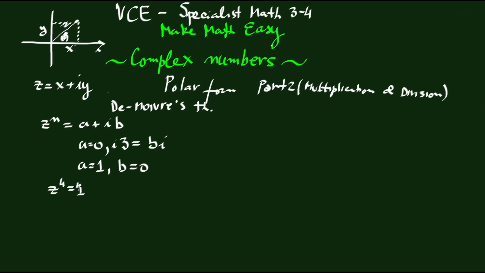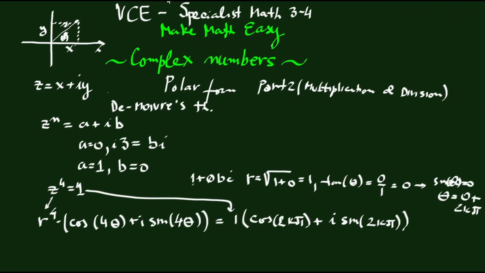Let's write both sides in the polar form. So we get 4 theta equals 0 plus 2k pi. So for k in Z we get solutions of 0, pi half, minus pi half and pi.